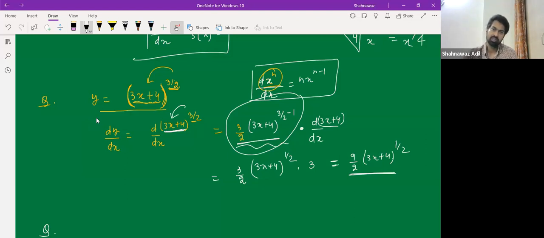So just remember, whenever you have a function inside the power, you use the power differentiation and then the inside function differentiation. Okay, sir.